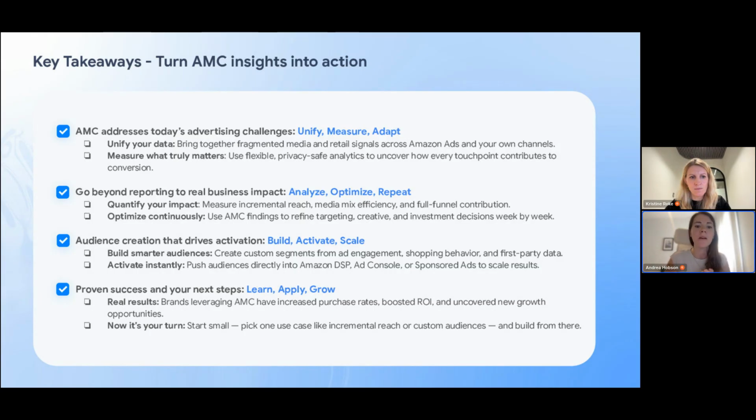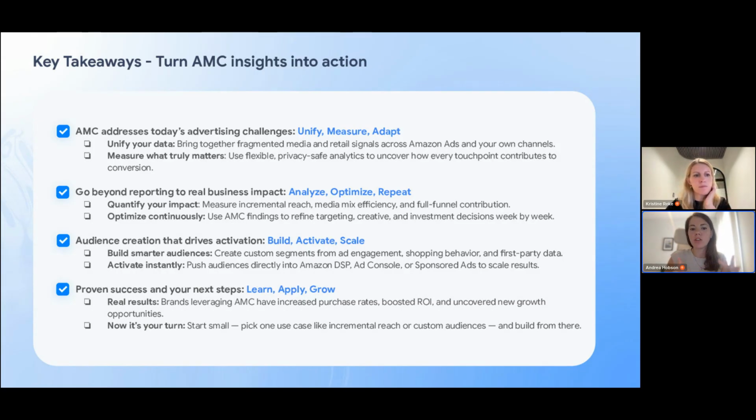Christine has given loads of examples here as well, and how you can turn those insights into weekly, monthly optimization. And then for activation, AMC will allow you to build your own audiences based on real engagement, on purchase behavior, or even your first party data, and then instantly push them into the DSP, into the app console.